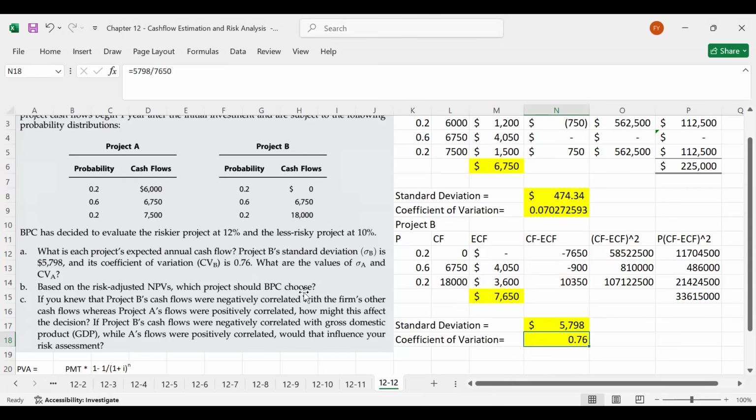NPV is net present value, and risk adjusted NPV is the method that incorporates risk into the standard NPV calculation by adjusting the discount rate to reflect the level of risk associated with the project. As you know, two types of rates are given. Here we have 12% for the riskier project and 10% for the less risky project.